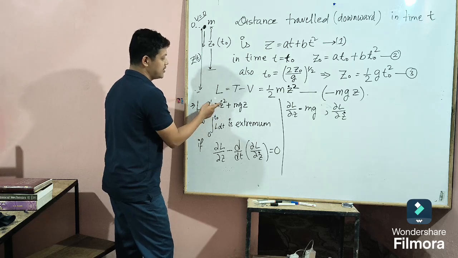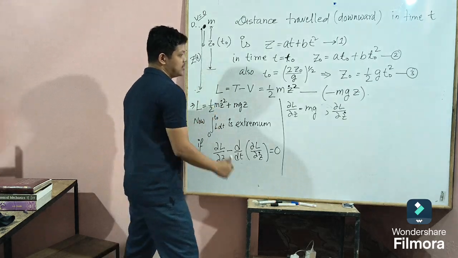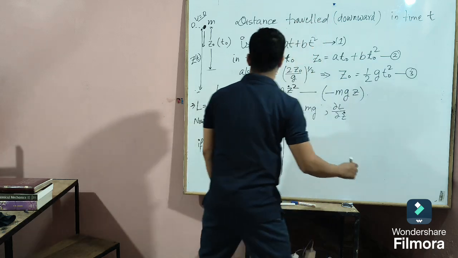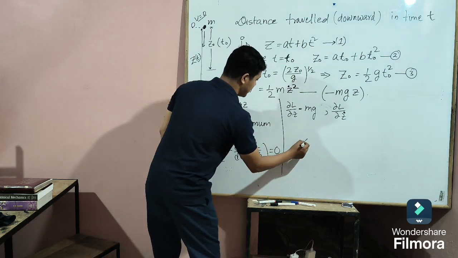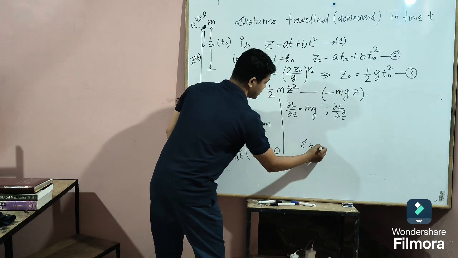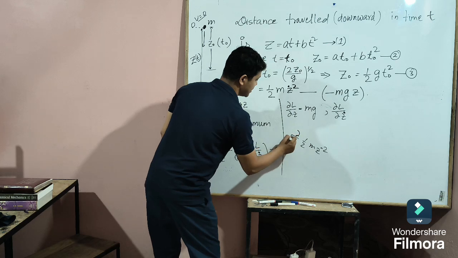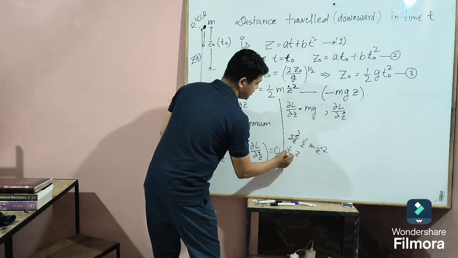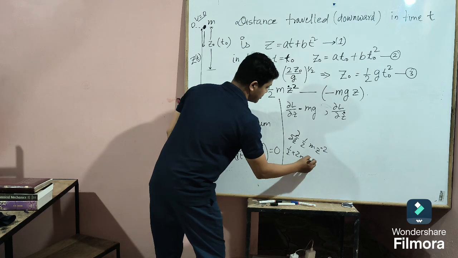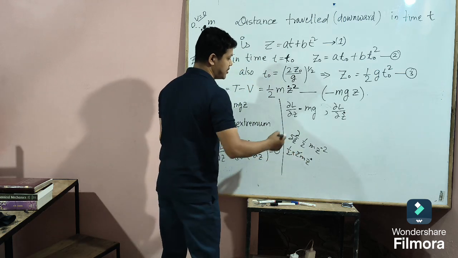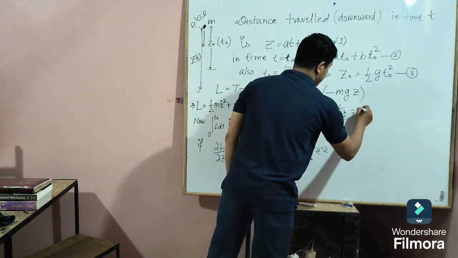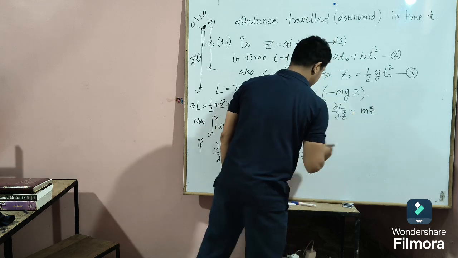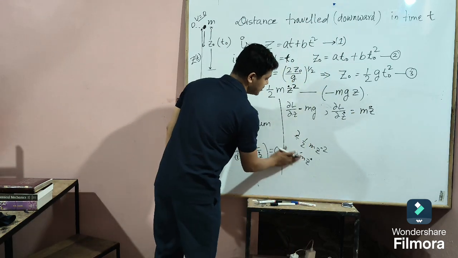If you differentiate this half mż squared with respect to ż, then half into 2 into mż, the 2s cancel, so you're going to have mż, simply m into ż, right? Hope you have understood this.